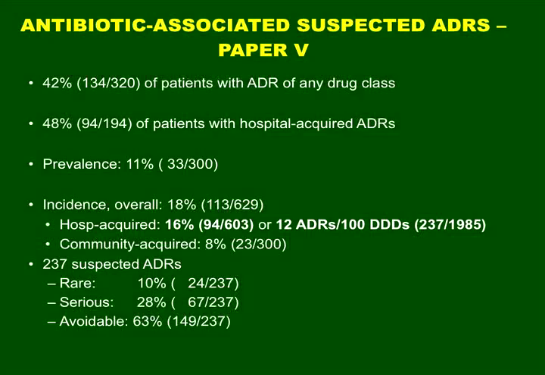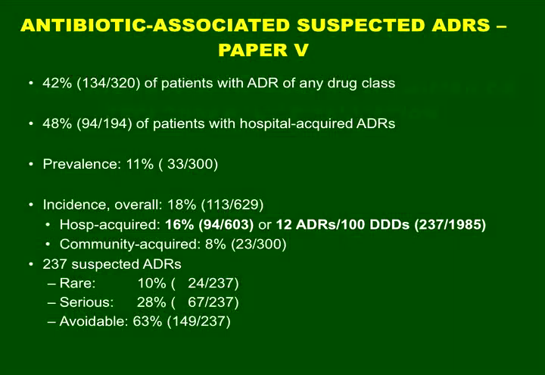We also observed that 1 in 6 patients who had used antibiotics during hospital stay experienced an antibiotic-associated ADR. And 12 ADRs were observed for every 100 DDDs consumed. We were able to identify serious ADRs, which were 28% of the total, and 10% were rare.